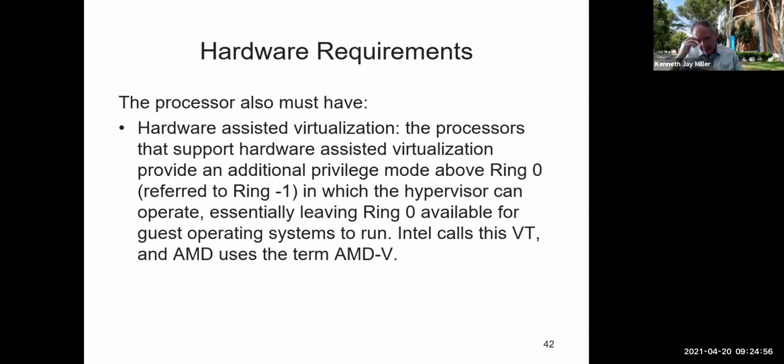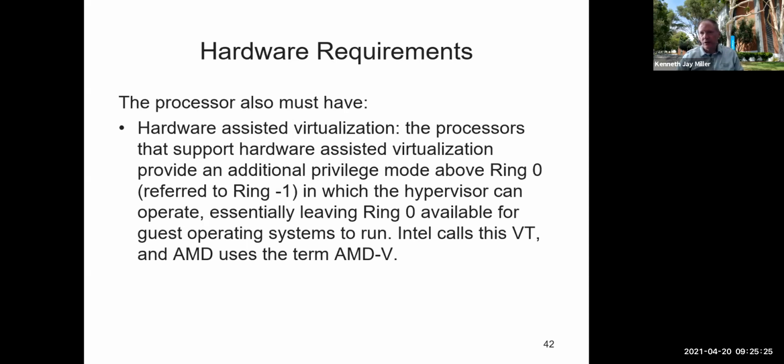The processors that support hardware-assisted virtualization provide an additional privilege mode above ring 0, which is referred to as ring 1, in which the hypervisor can operate, essentially leaving ring 0 available for the guest operating systems to run. Now in Intel, that's called virtual technology or VT, and AMD uses the term AMD-V. Okay, so it has to have that.